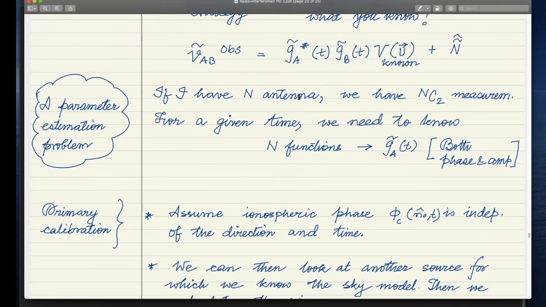So I have 29 values to look at, and it may turn out that 5 of those values are way off the chart, which you call outliers, because something wrong happened at that time for those 5 antennas. So you don't use those to get your solution, and you get a robust solution.